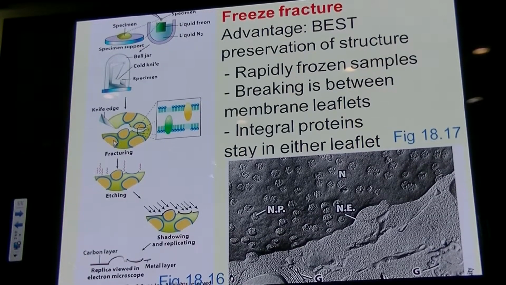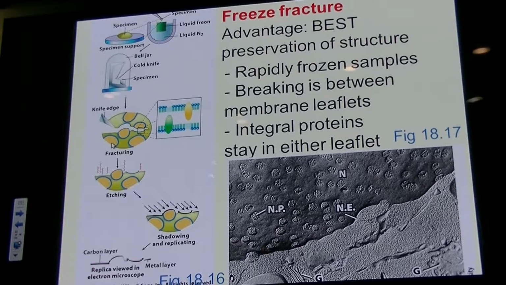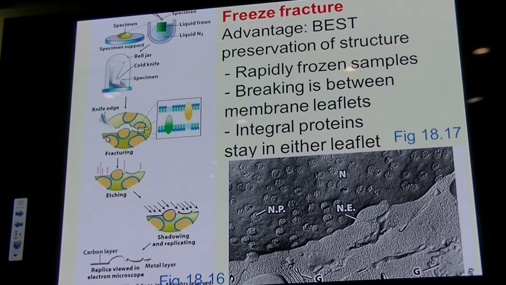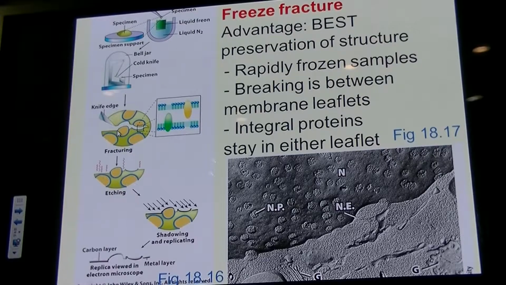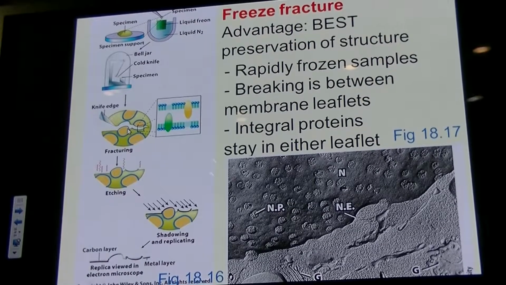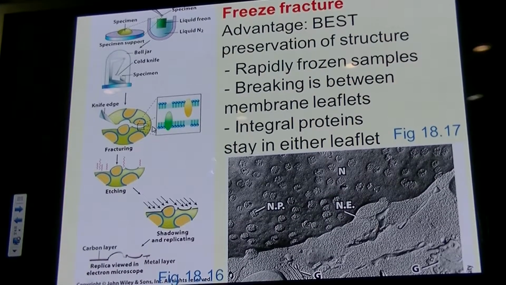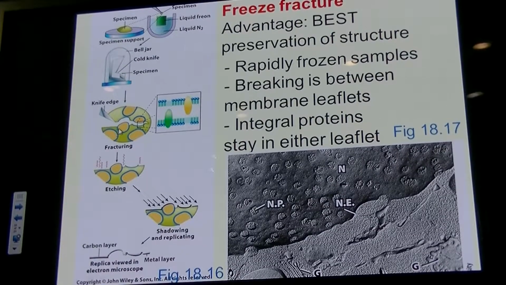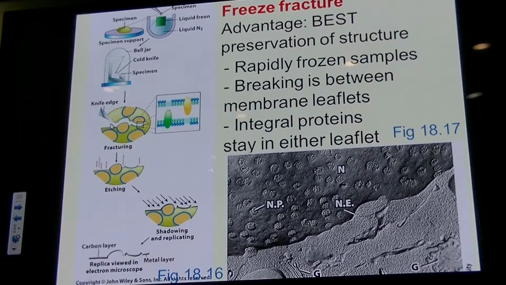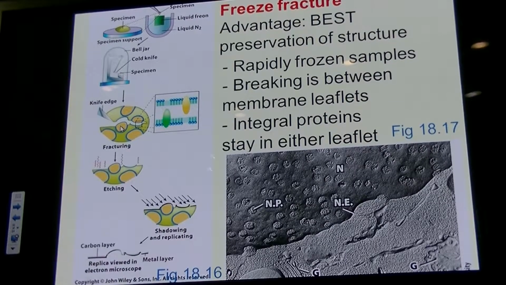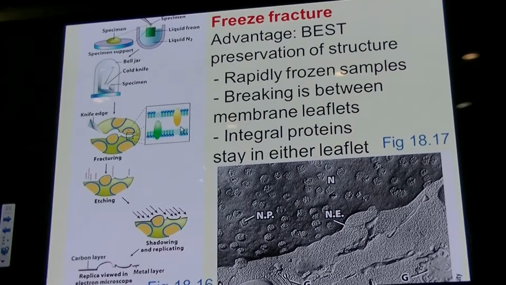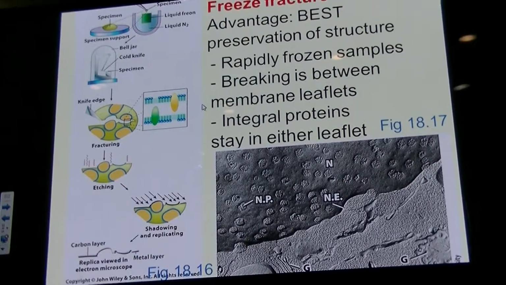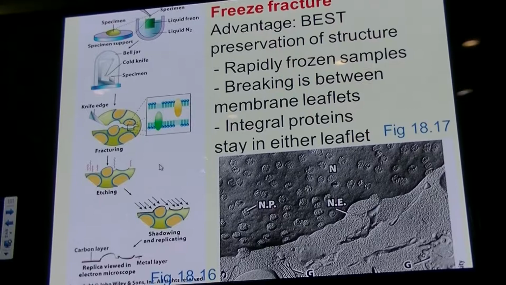If these orange sections are, say, cytosol of a cell, and what's in blue is a membrane, a lipid bilayer, then we would get preferential breakage between the two lipid layers. But importantly, we completely preserve the geometric shape of this membrane surface. So we break between the two layers, and the proteins go in one or the other monolayer. We break right in between.